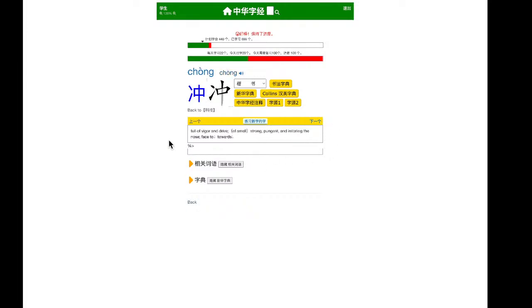It also has another pronunciation called 冲. 冲 means, first of all, something that is very energetic, full of vigor and drive. Okay. 冲劲，这人冲劲很大. We refer to the person who is very energetic and very ambitious, a very action-oriented person.